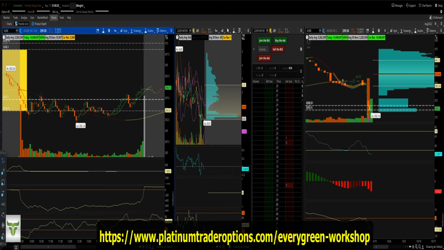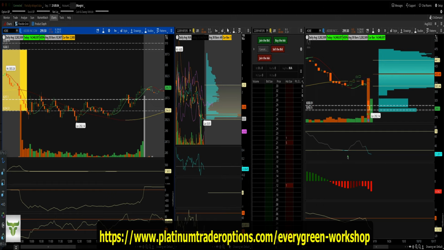So not only is it under the 200, it's under the 20, and right here the 20 is breaking to the downside. So this is a ski slope pattern breaking to the downside. With a 200, that's also like a cross-country ski slope, but it's going to turn into like a downhill ski slope, and it's going to be moving quickly.